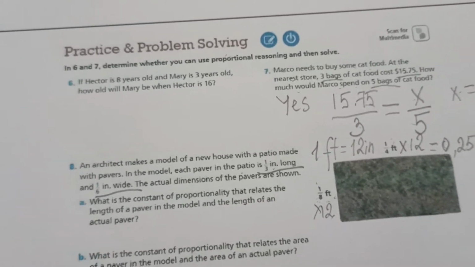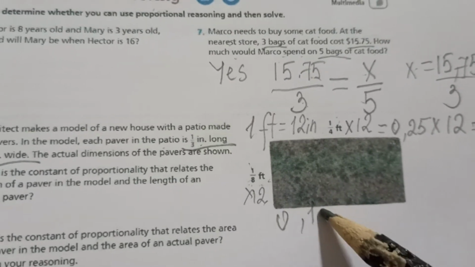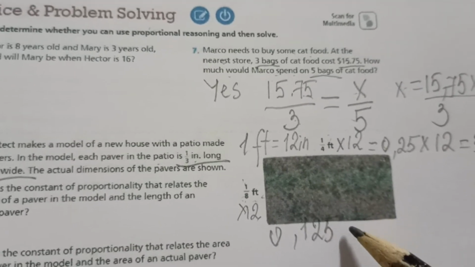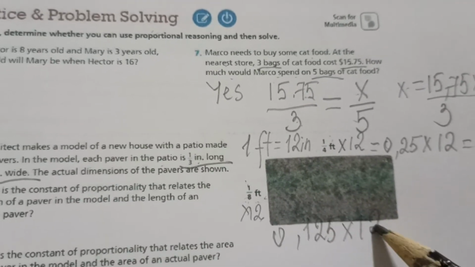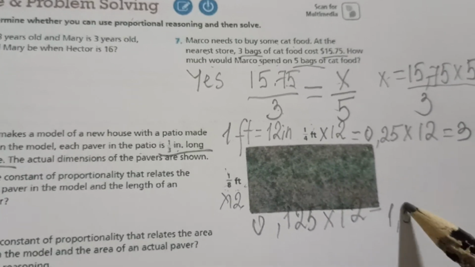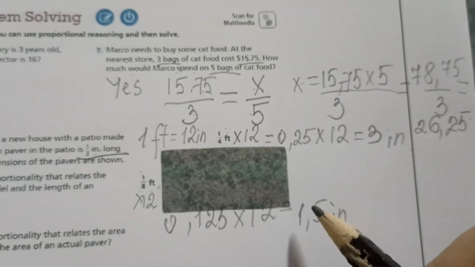Let us convert into decimals. It's going to be 0.125. Okay, multiply by 12, it's going to be 1.5 inches. Okay, here we have 3 inches, here we have 1.5.